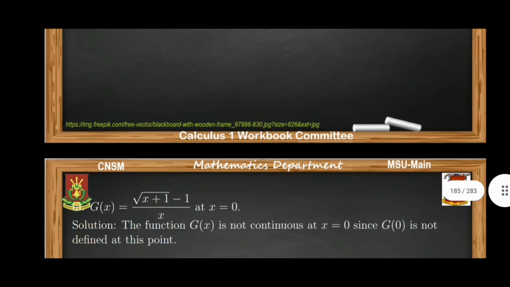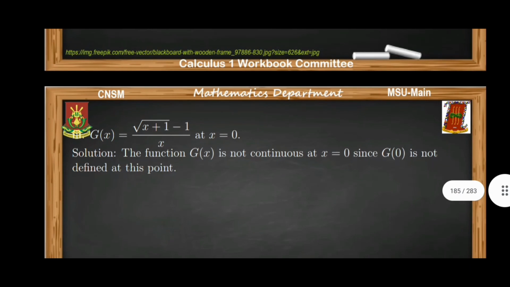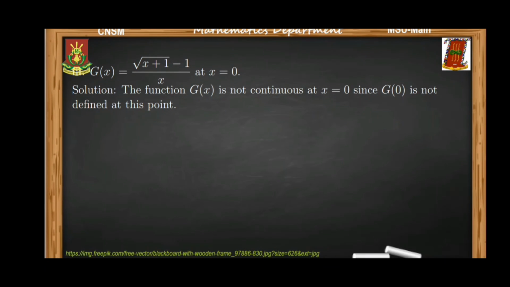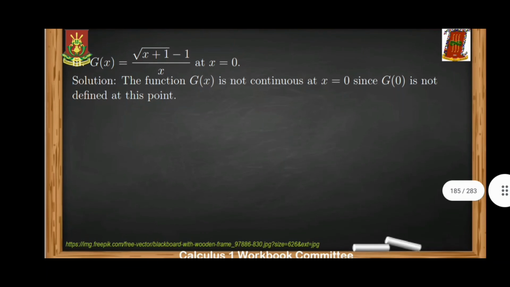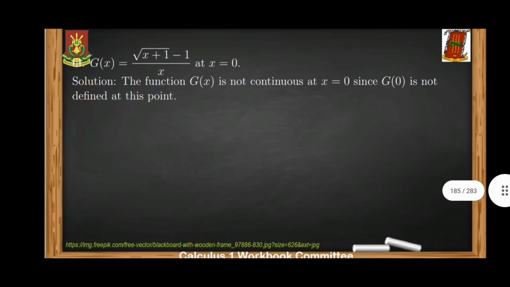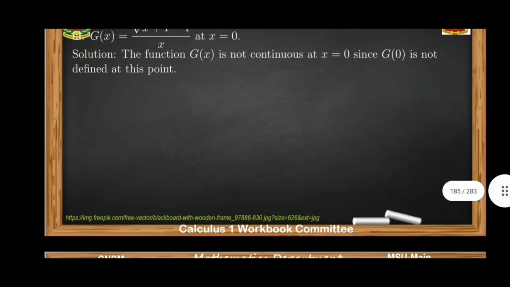So we can say na undefined siya. So the function g of x is not continuous at x equals 0 since g of 0 is not defined at this point. Kasi kung i-substitute mo yung value ng 0 sa denominator, magiging undefined siya.